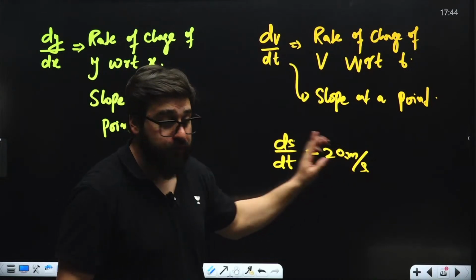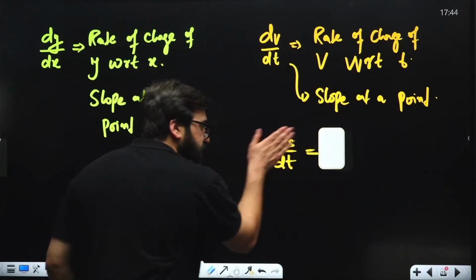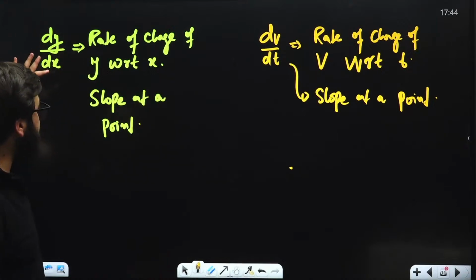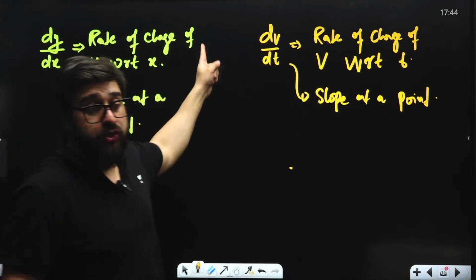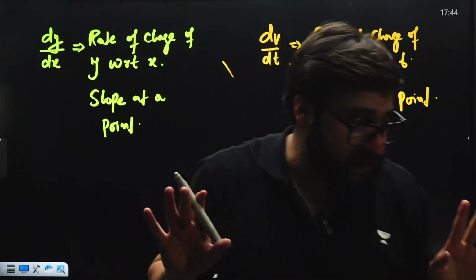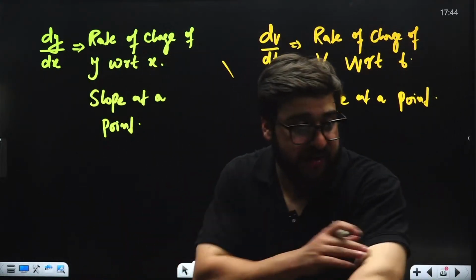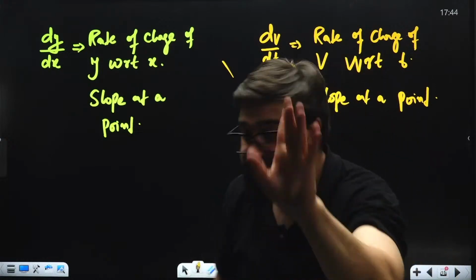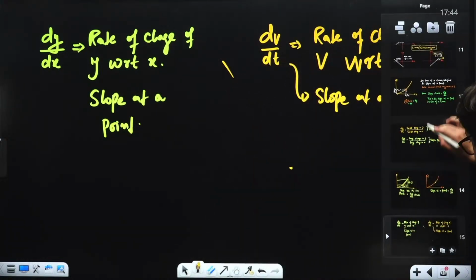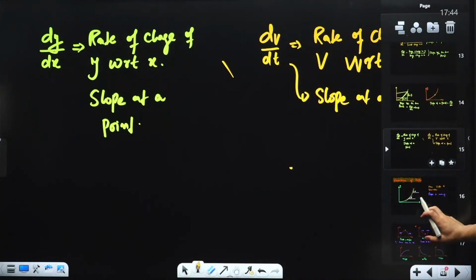So here rate of change is 20 meter per second. Simply, dy by dx is slope at a point. Dy by dx is rate of change of y with respect to x. As simple as that. Guys, is this clear?